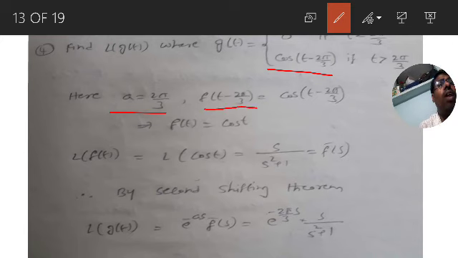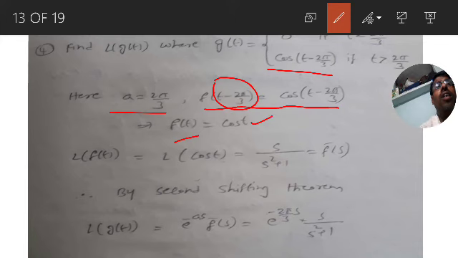So f of t minus 2 pi by 3 is cos of t minus 2 pi by 3. At place of t minus 2 pi by 3, substitute t. The important thing is that f of t is cos t.